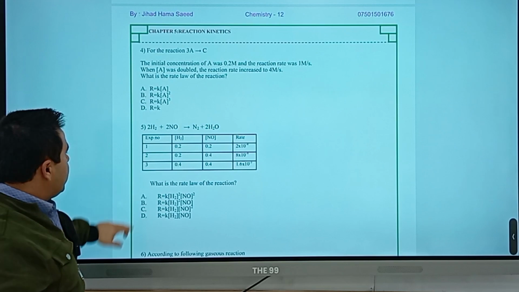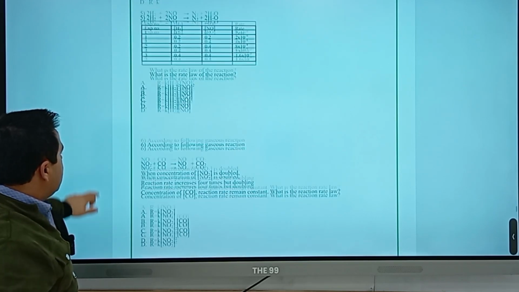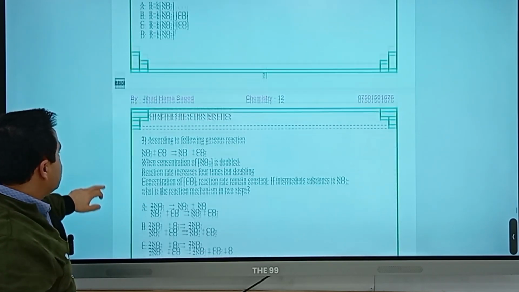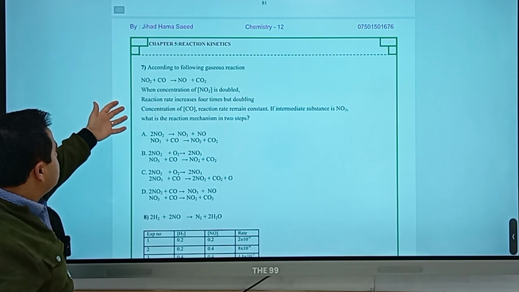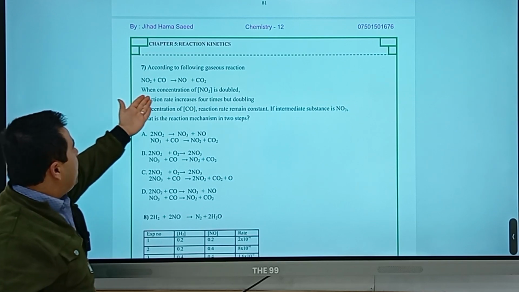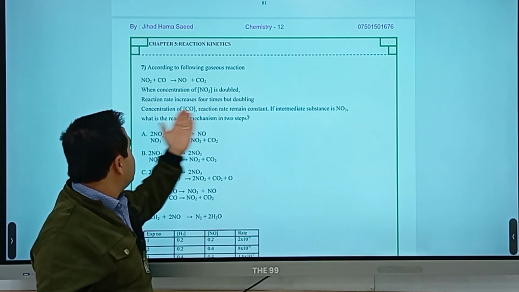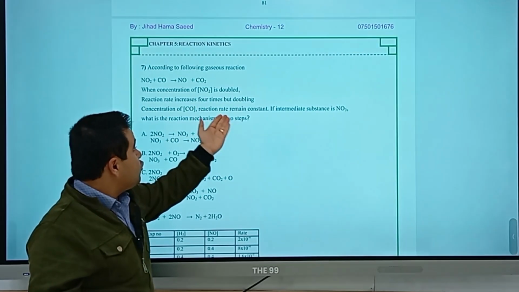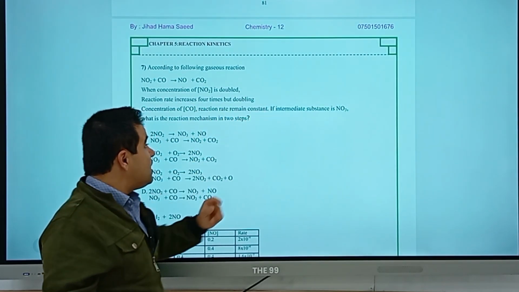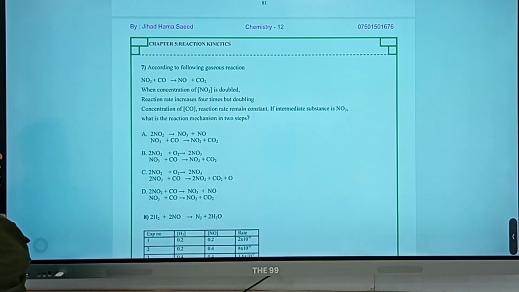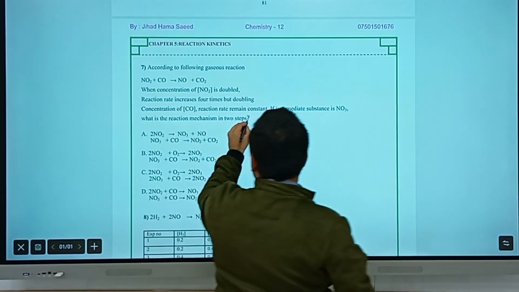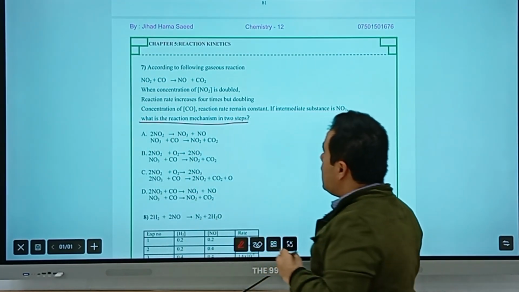What's the rate law for the reaction? We have solved similar questions. According to the following reaction, when the concentration of NO2 is doubled, the reaction rate increases 4 times. By doubling the concentration of CO, the reaction rate remains constant. If NO3 is an intermediate substance, what's the reaction mechanism in 2 steps?